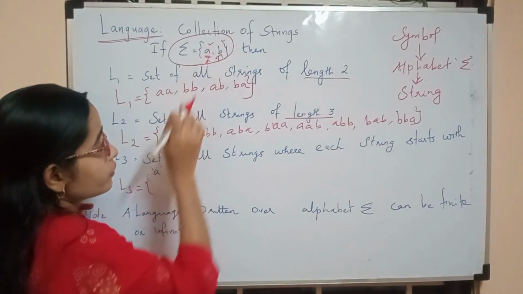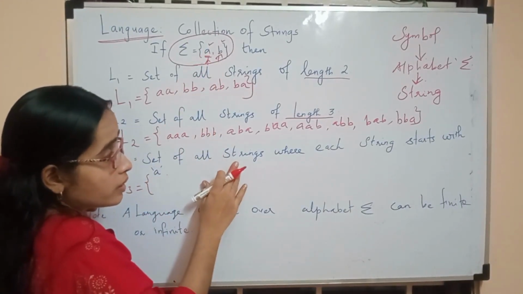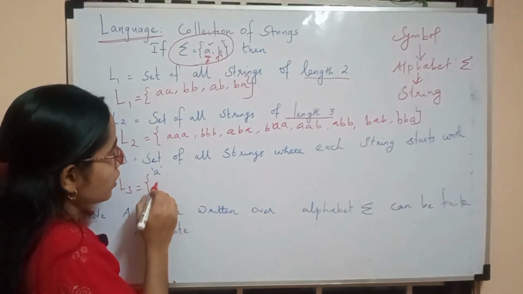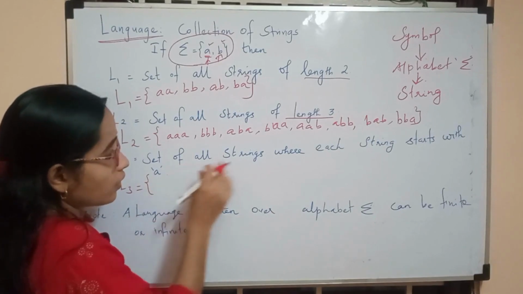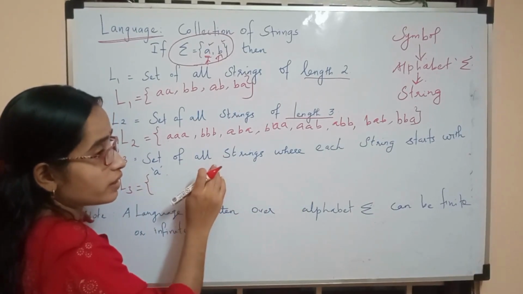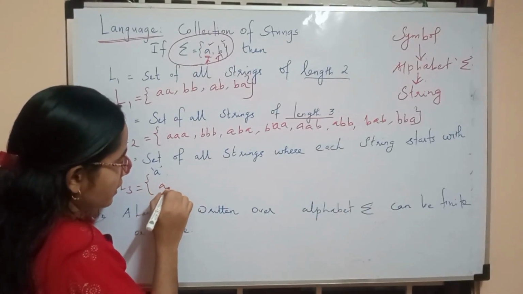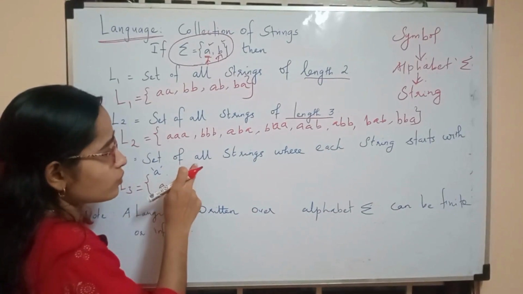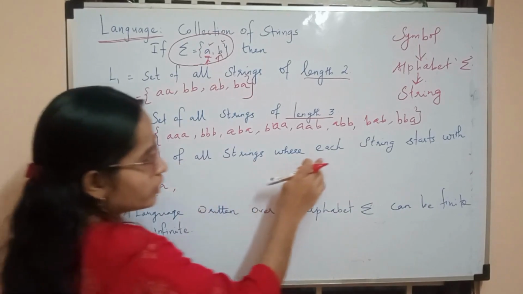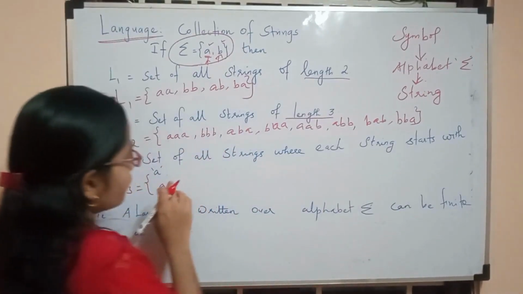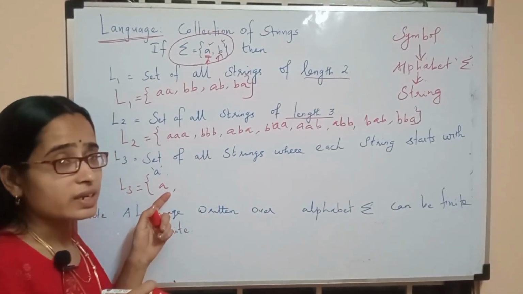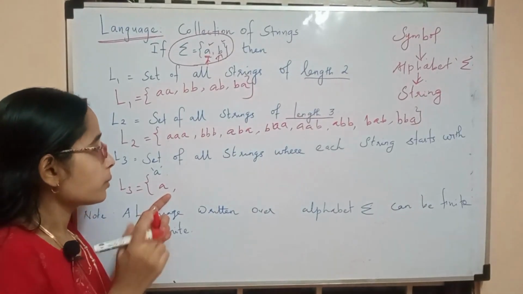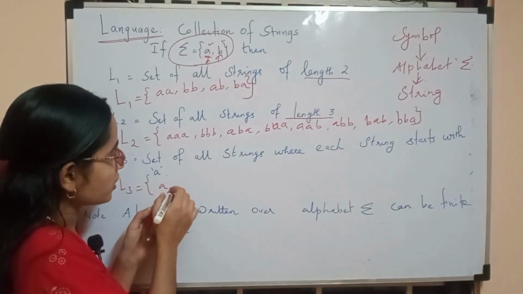From that set we have to form the string in such a way that the string should start from A. They have not mentioned any length here, so I can take A as a string. The condition here is that each string starts with A.